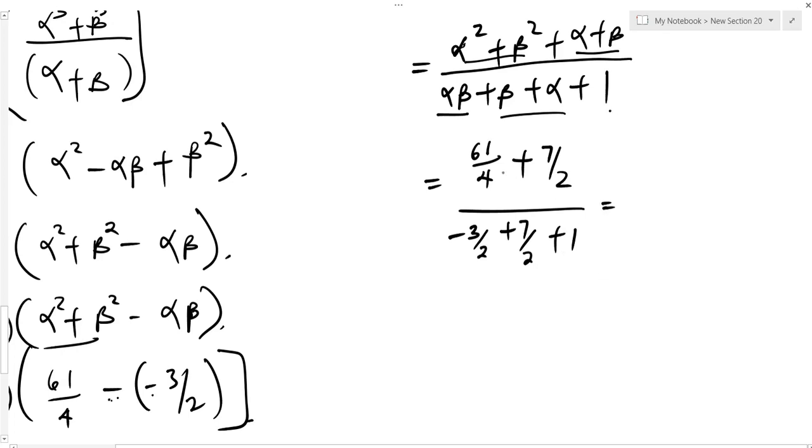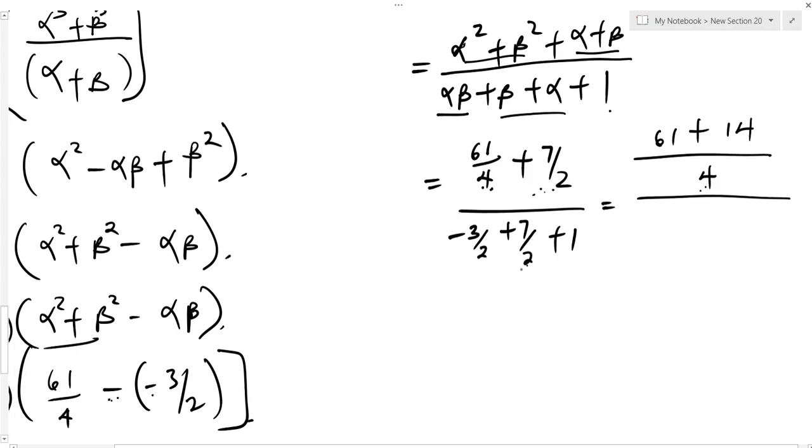Now the LCM of the numerator, you have the LCM of these two fractions, you have 4 and 2. The LCM of 4 and 2 is 4. 4 divide 4 is 1. 1 times 61, you have 61. Plus 2 divide 4 is 2. 2 times 7 is 14. All divide by, now we have 2, 2.